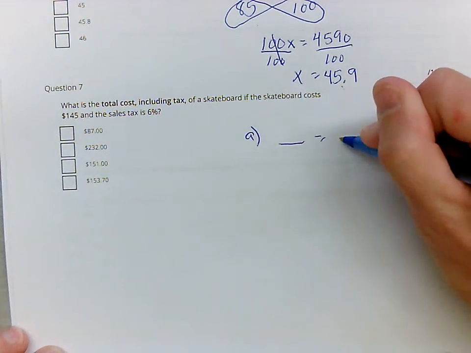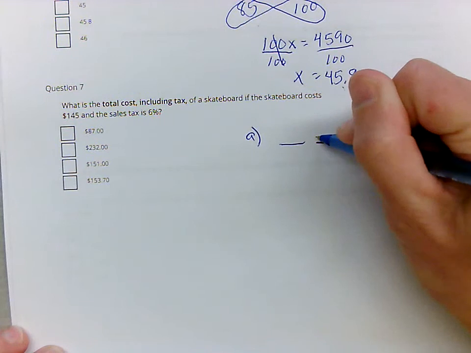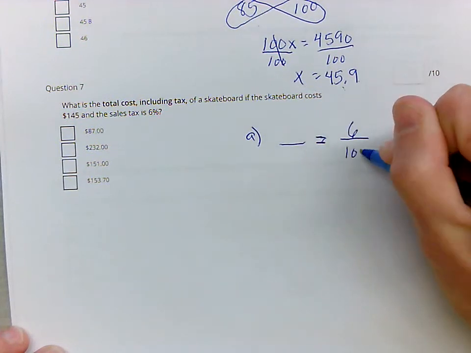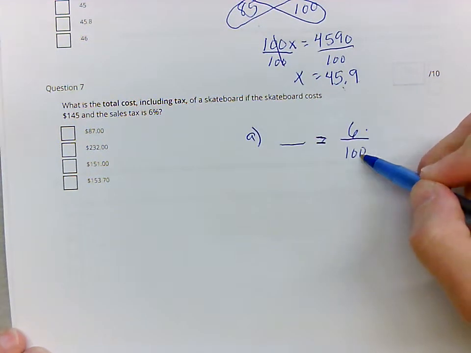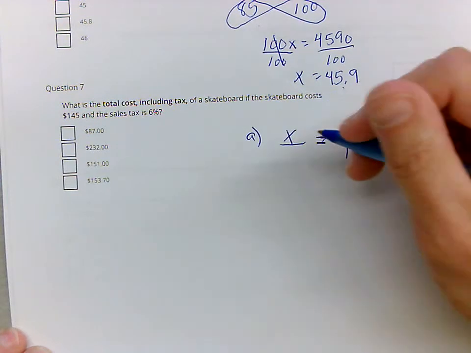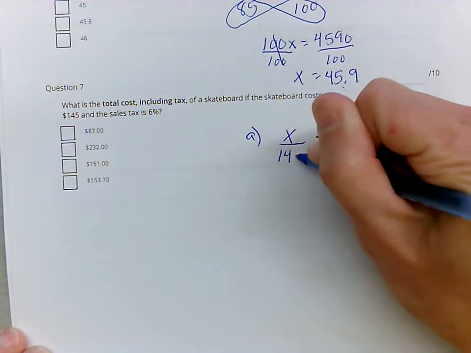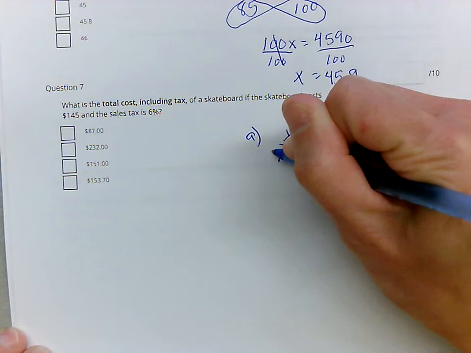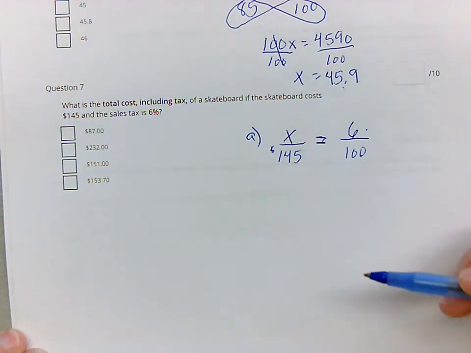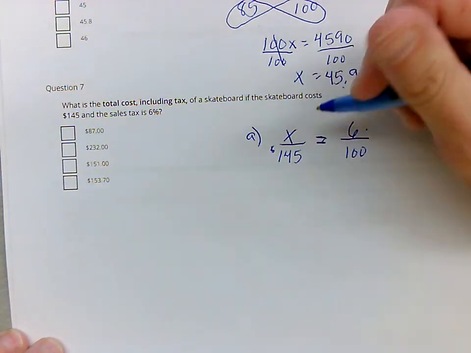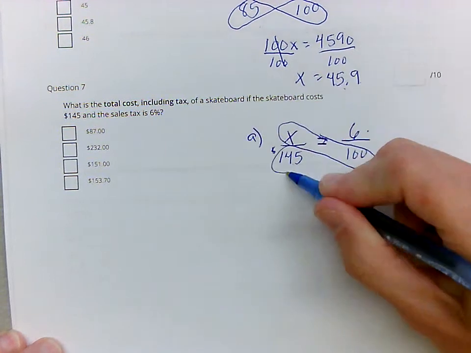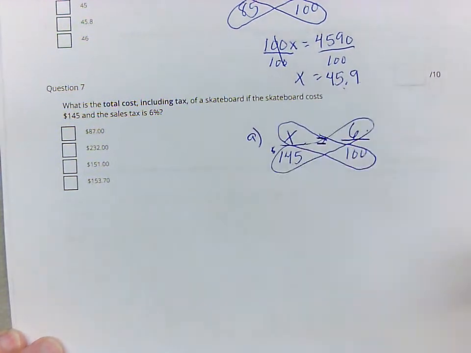So we did these as a proportion as well. And we're talking about 6% out of 100%, right? So percentage is always over 100. And you're trying to find the tax amount, X, if the skateboard is $145. So you're missing the part. You're missing the tax to the whole, the price of the skateboard. So here again is another proportion that we're going to cross multiply and solve this way.